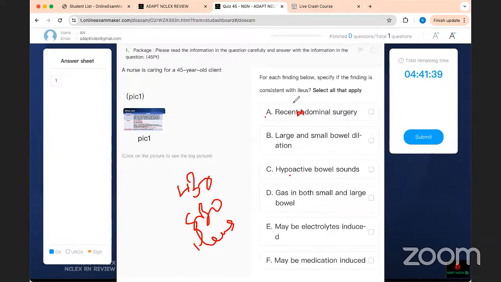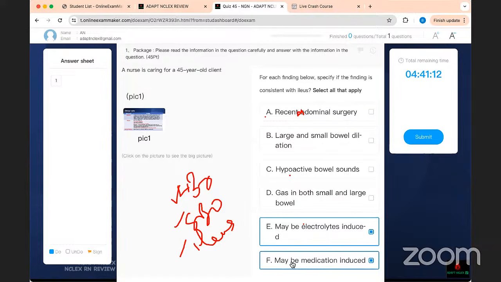So this is another way you have to know the difference: large bowel, small bowel, and ileus. Ileus, basically, may be related to an electrolyte problem, especially potassium, or you take some medication, or the bowel slows down. You're going to see gas in both the large and small bowel.